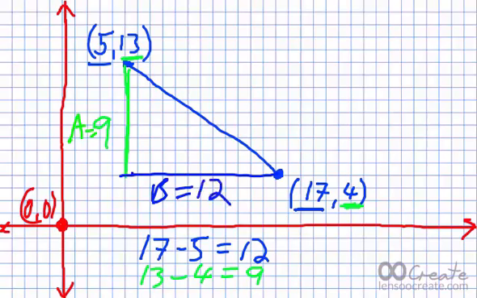And my c value, well, I don't know what that is yet. But I do have a formula for it because I know that a squared plus b squared equals c squared.